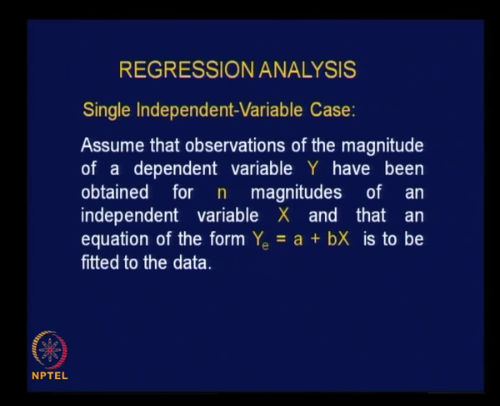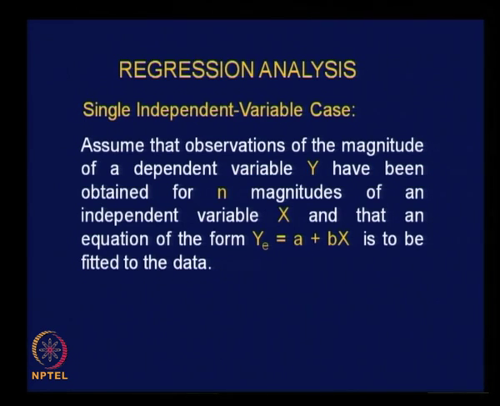We assume we have data about n values of y, y1, y2, y3 and so on, yn values are known to us. Similarly, the corresponding x values are also known, x1, x2, x3, xn, and we are trying to relate y with x using the equation ye equal to a plus bx.